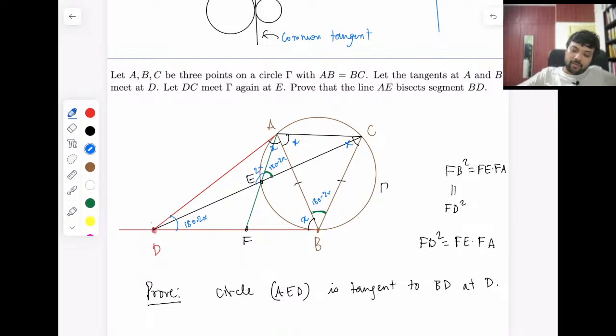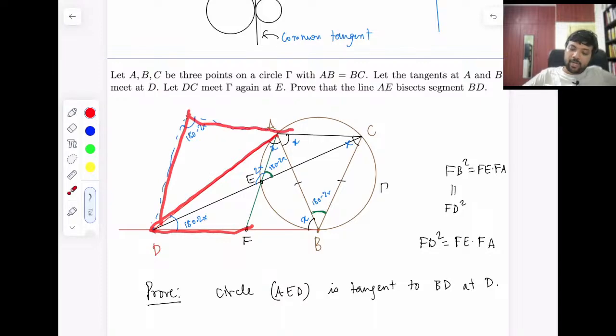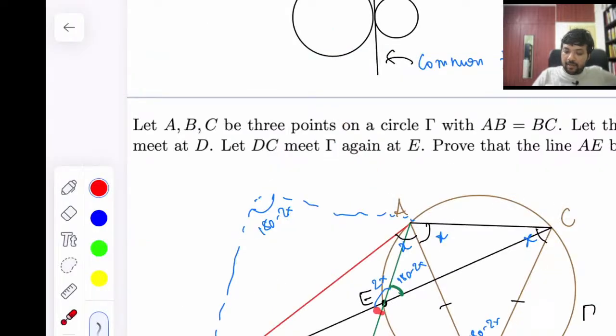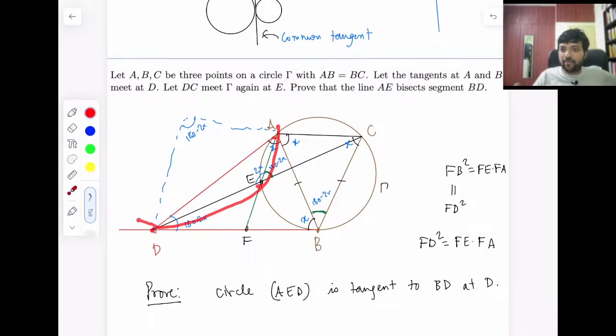If you take a point on the circle on the other side, in the alternate segment, by supplementarity this will be 180 minus 2x. So therefore the angle subtended by ADF is also the angle on the other side. So by the alternate segment theorem, the circle AED is tangent to BD.